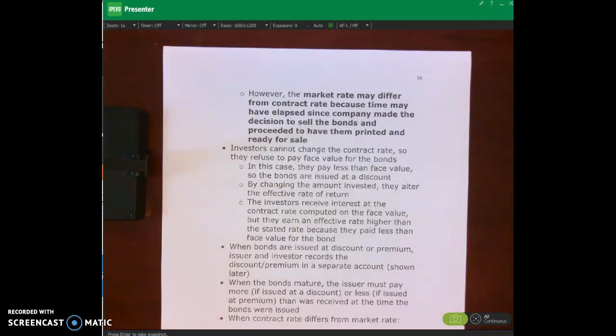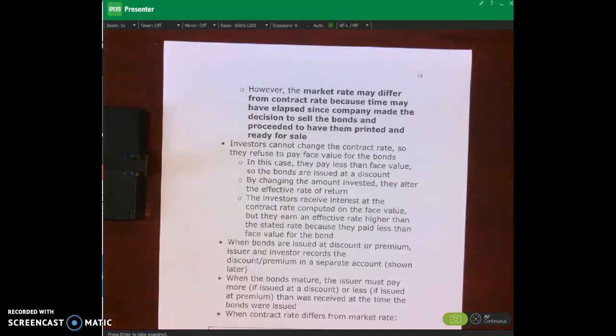You're paying more than the market. What does that mean? Investors want to buy your bonds. When investors want to buy your bonds, what happens to the price of your bonds? They go up. So in that situation, you can issue your bonds at a premium, which means you will get more cash than the par value.